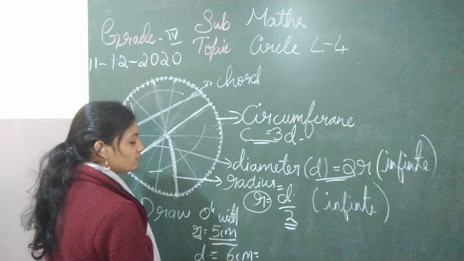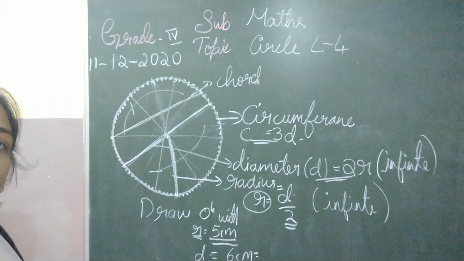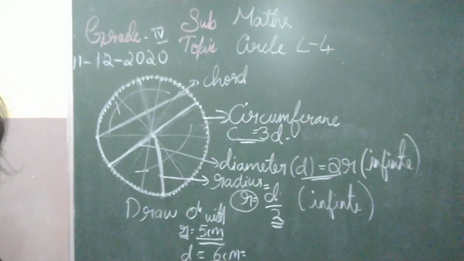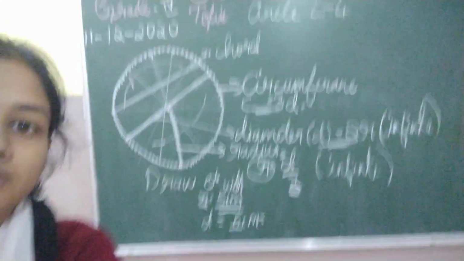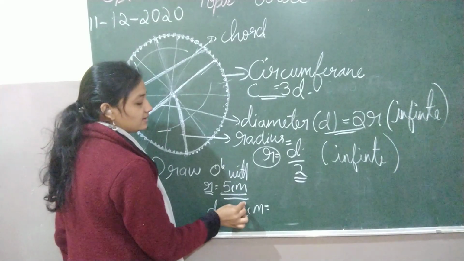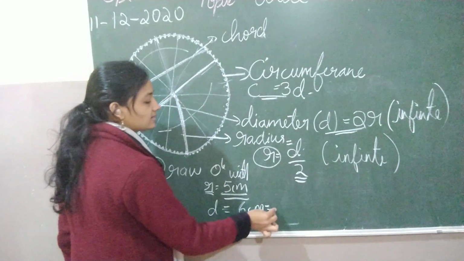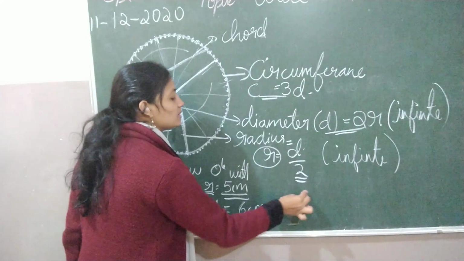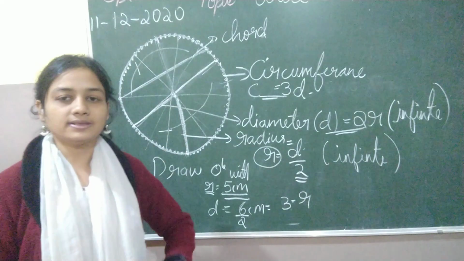So what is half of this 6? When you divide 6 by 2, you get 3. Half of the diameter is nothing but dividing the diameter by 2. So this will be my radius. I should measure 3 centimeter and draw the circle.